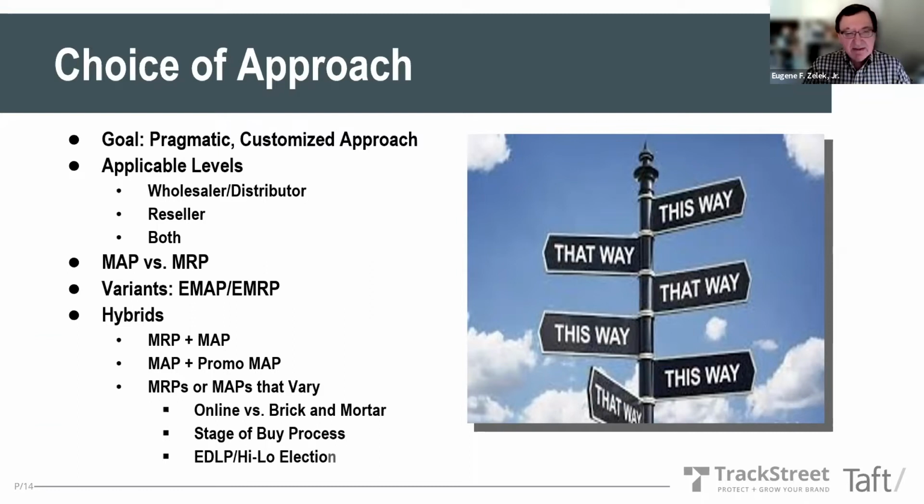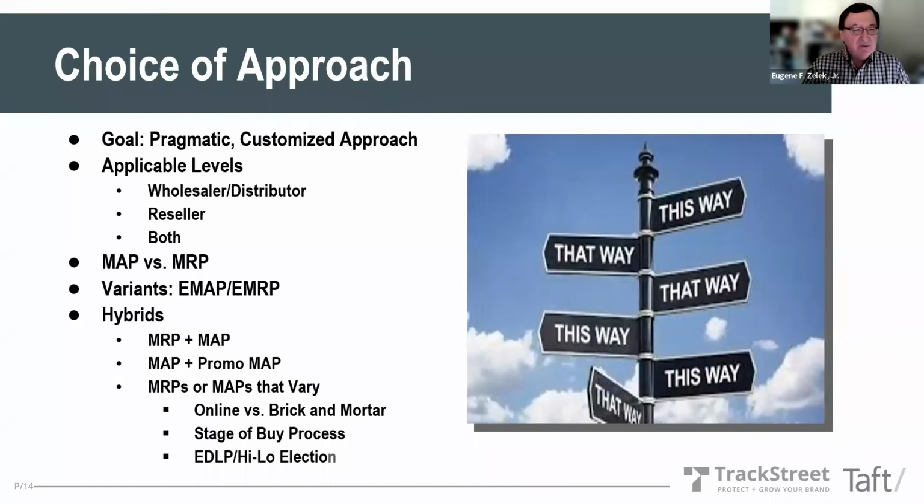We've done policies that combine MRP and MAP, where one client in particular was a manufacturer of electronics, and it said the crown jewels we want protected by MRP. Those products that are a little longer in the tooth will be covered by MAP. And then some things like maybe cabling or related kinds of things, which are really commodities, we don't care.